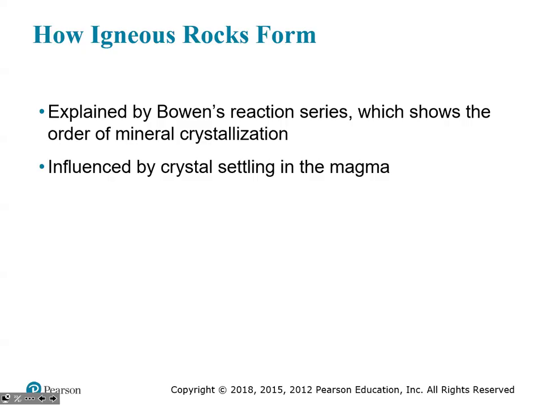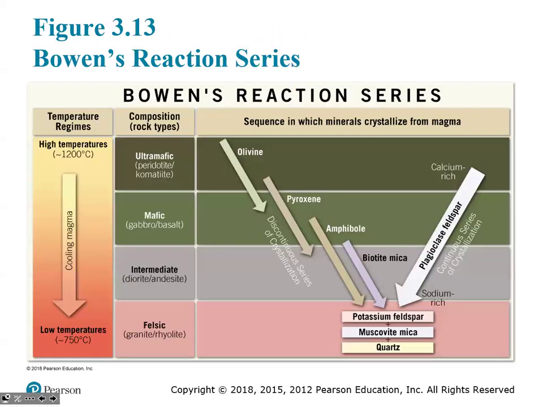So this is basically the process by which the higher temperature minerals will crystallize first and settle out. Then you'll get lower temperature ones and so on. And this is called partial melting, and you get different compositions because of it.